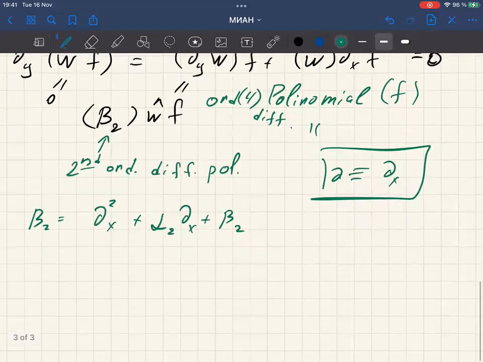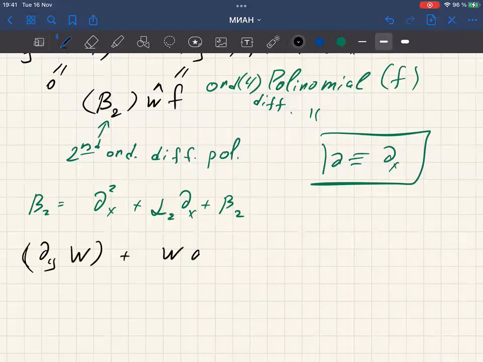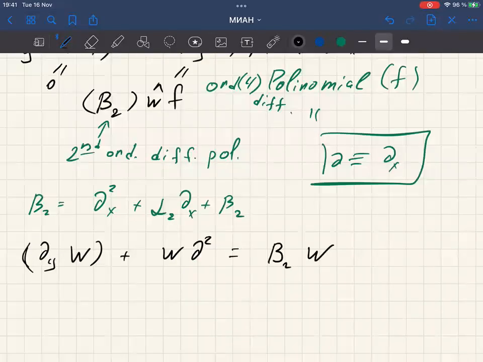Now it can be viewed the following way. We have d plus v d square equals b2 as v. We could write it the following way.